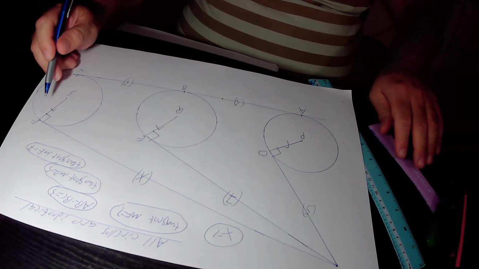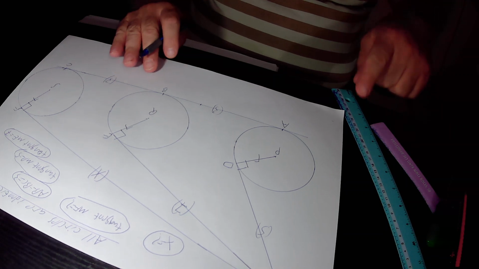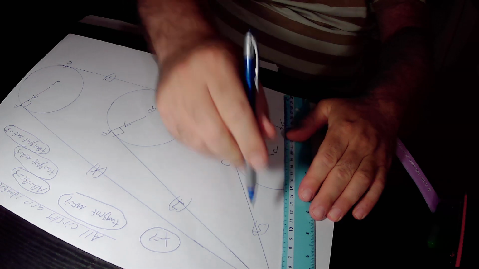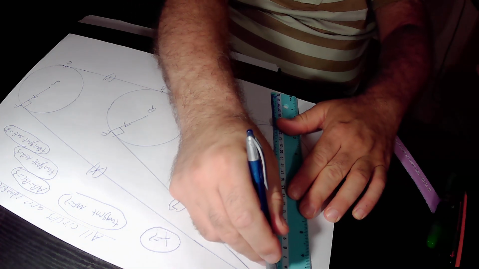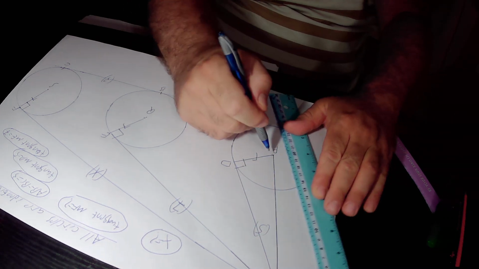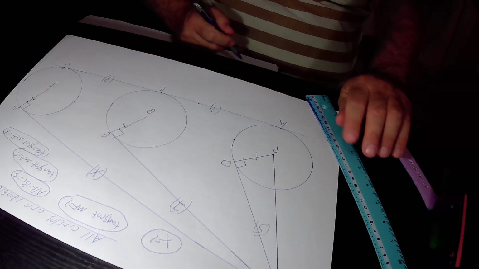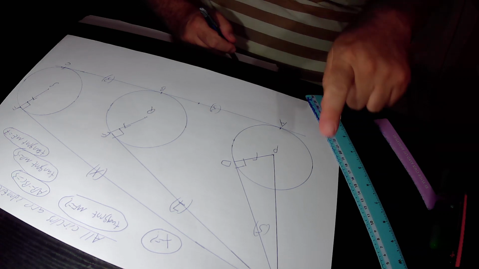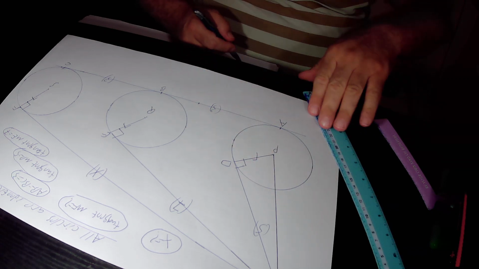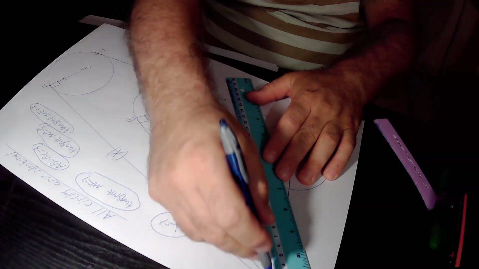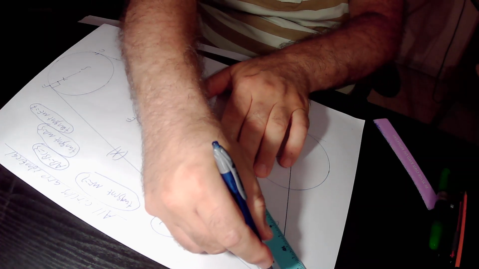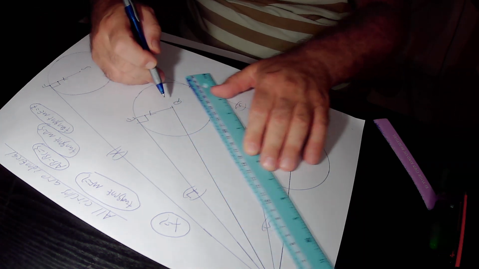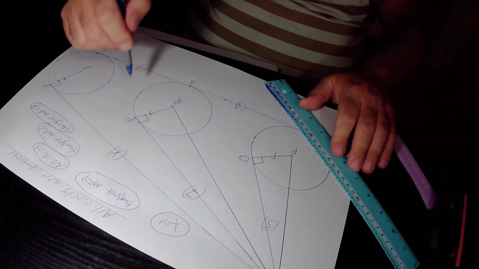Okay. So in the next step, we'll join points M and P together by a straight line. By joining points M and P, we created the right triangle MDP. Likewise, we will join points M and Q together by a straight line. So here we create the right triangle MQE.